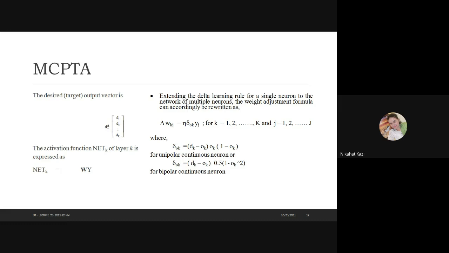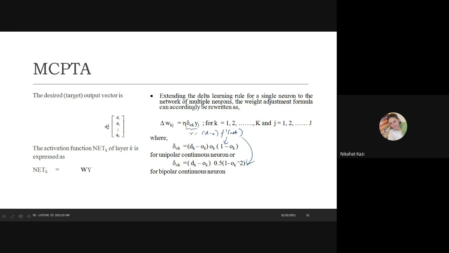Because O times 1 minus O is the derivative f dash net. This delta that was there, the learning signal R, in fact, is delta. Okay. What was it in case of delta learning rule? It was D minus O times f dash net, right? And f dash net was O times 1 minus O for unipolar continuous, and half times 1 minus O square for bipolar continuous, right?